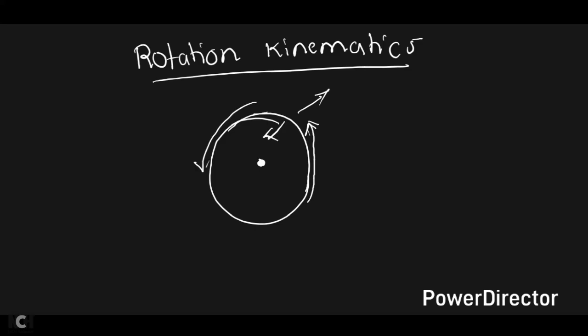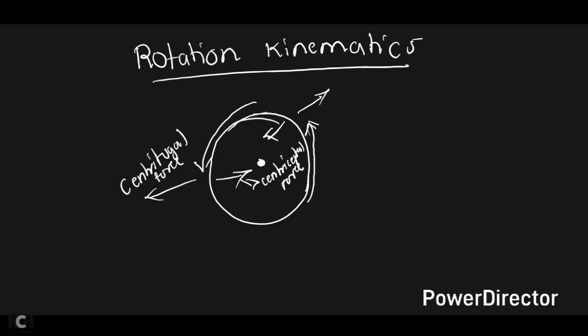The force that makes an object move away from the center is what we call centrifugal force. And the force that makes this object move close to the center, that's what we call centripetal force.